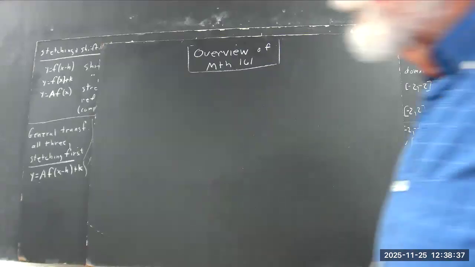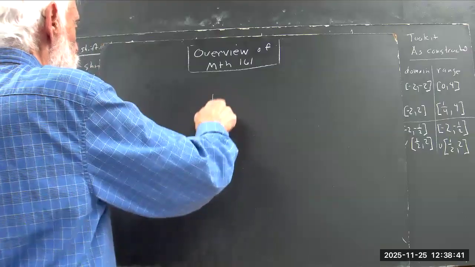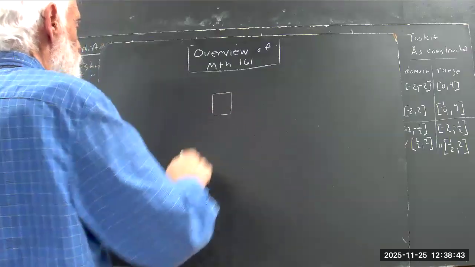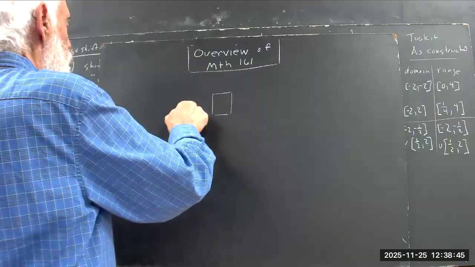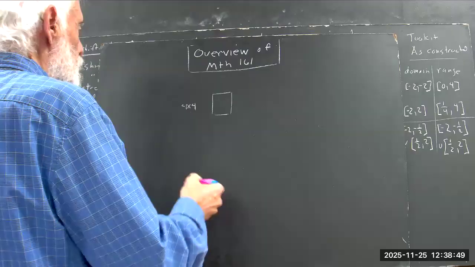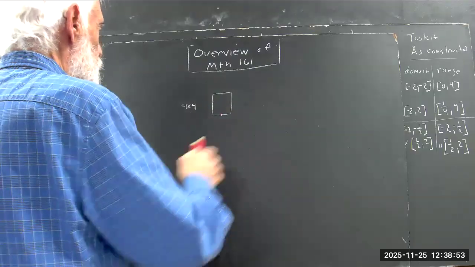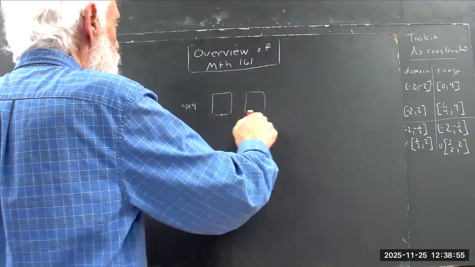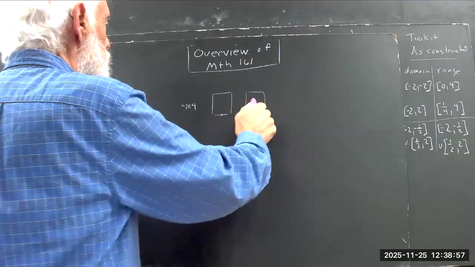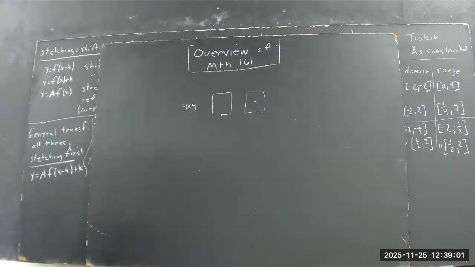Okay, now a quick overview is we start by understanding the toolkit functions, which we've graphed in 4x4 rectangles like this or like this, and you should know what I mean by that.